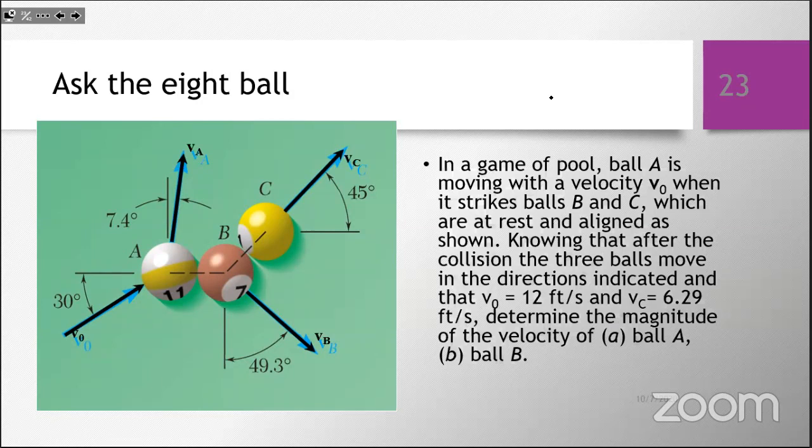Well, we know that A strikes B and C. And then we know that the end result of C is traveling 6.29. But I should take baby steps.